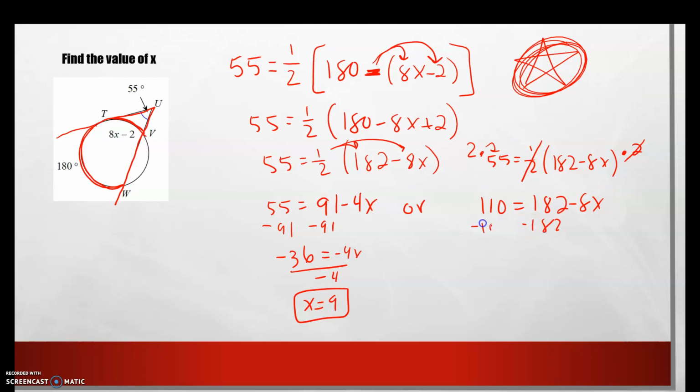Subtracting 182 from both sides, I get negative 72 is equal to negative 8x, which means x is equal to 9. So again, I just wanted to show you this, just so you know when you're multiplying by 2, it only cancels with this half. Okay? And again, this is really important up here that you have to distribute this negative when you have a binomial here.